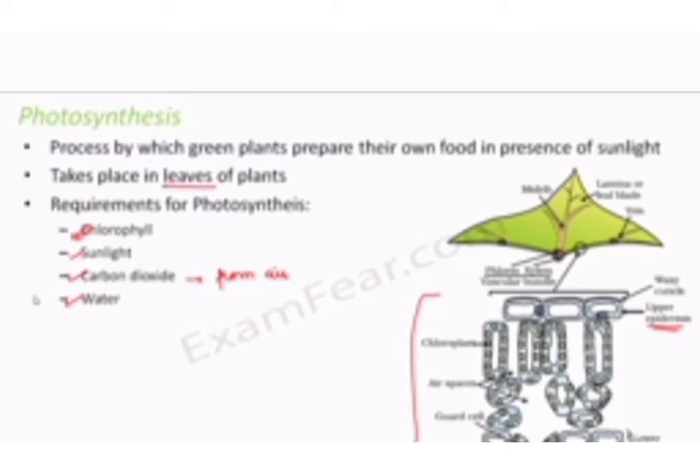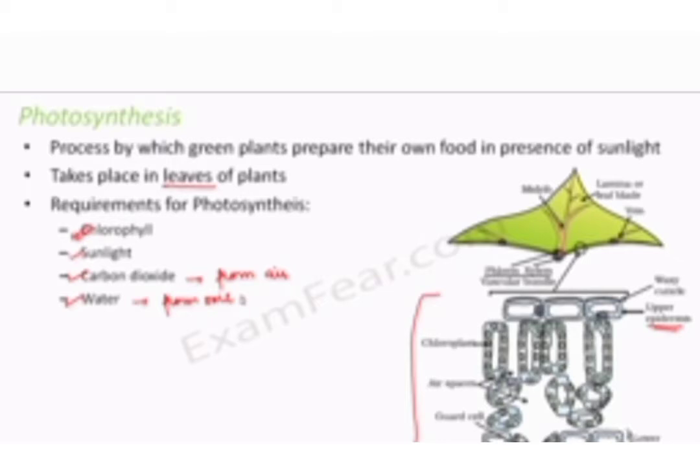One natural source of water is the soil, because the roots of the plants are deeply embedded in the soil and they can fetch water from the soil. So water can be obtained from soil. And on top of that, you would have seen that we also externally water the plants so that it can get sufficient water. So these are the four things which are extremely needed for performing the process of photosynthesis.